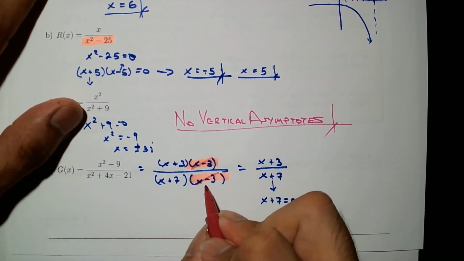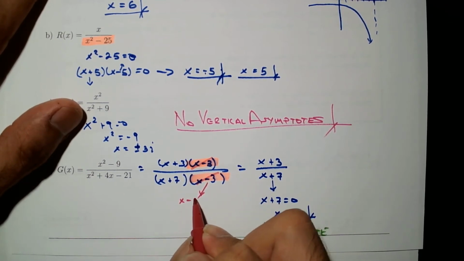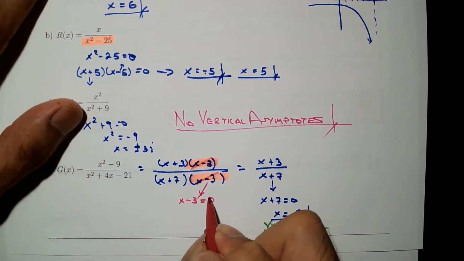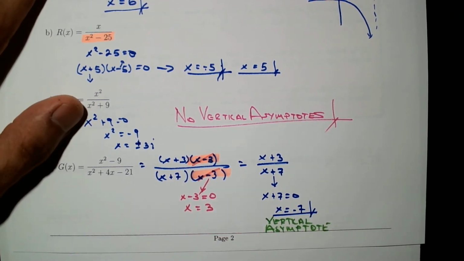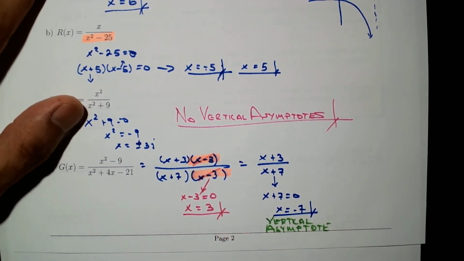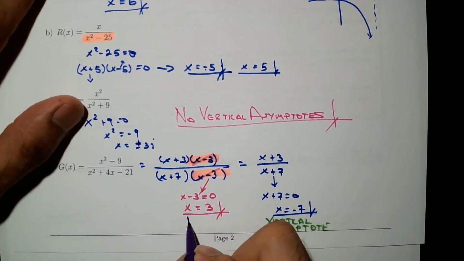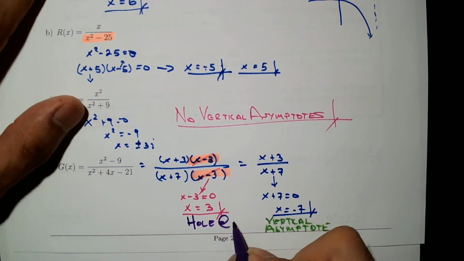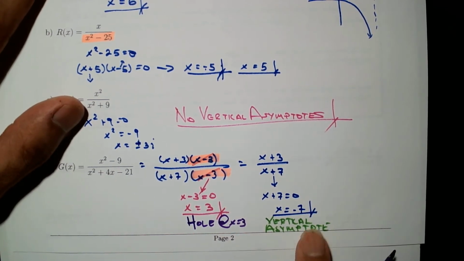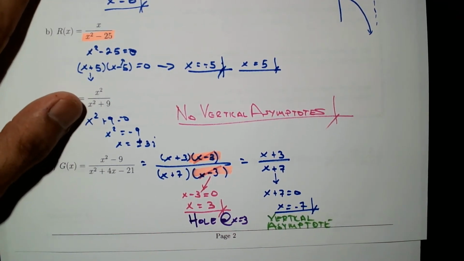On this x minus 3, set it equal to 0, and x equals 3 will be the equation of the hole. So in this case we have a hole at x equals 3. The vertical asymptote is going to be like that.